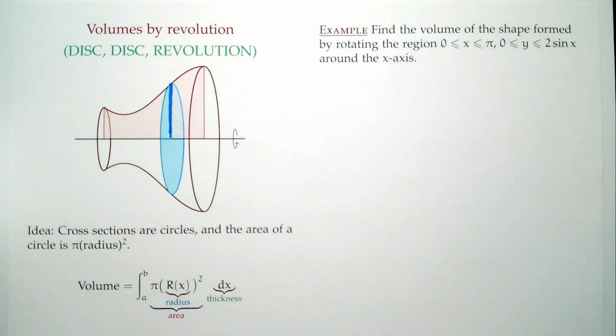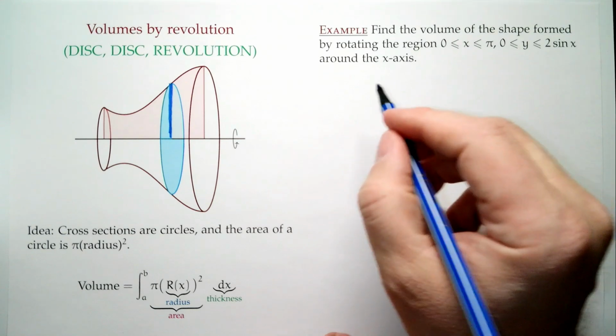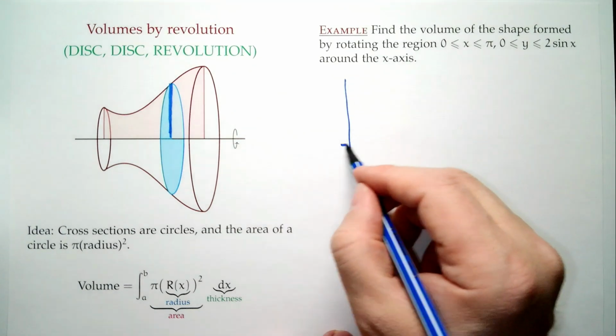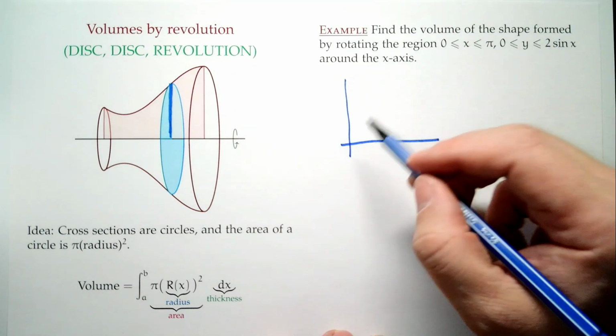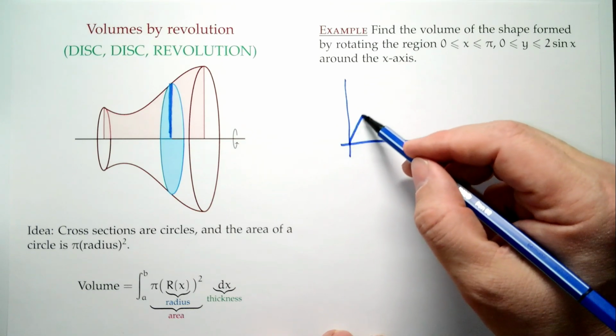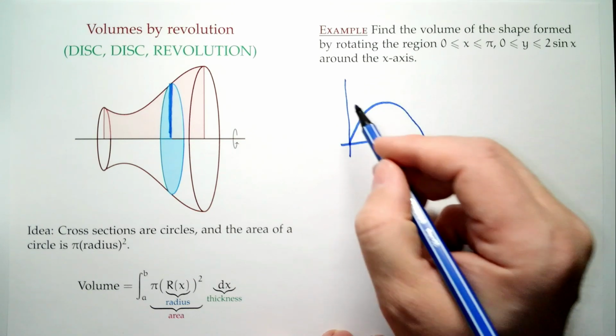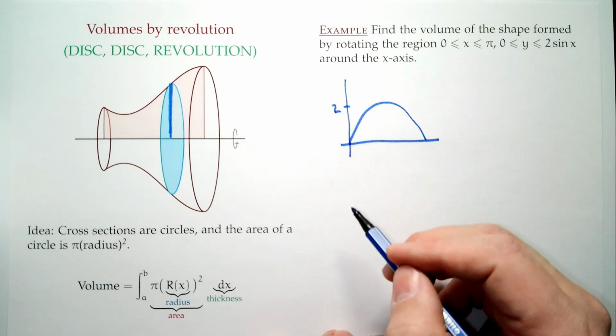So let's do an example. Find the volume of the shape formed by rotating the region 0 less than or equal to x less than or equal to pi, and 0 less than or equal to y less than or equal to 2 sine x around the x-axis. So the picture here is we have this curve. 2 sine x would look a lot like the sine curve, but it's twice as tall because of the 2.